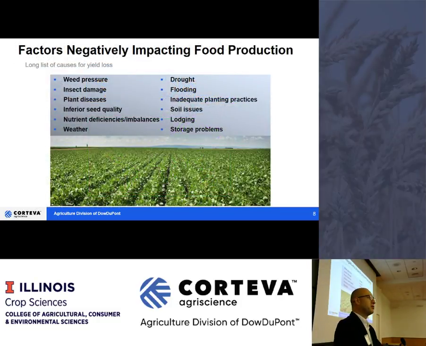Associated with that, there are some factors that limit food production, and those factors are listed there. Those are all the negative factors that go against food production in general. It's a very long list, as you can see, all the way from biotic and abiotic stresses to management and agronomic practices.